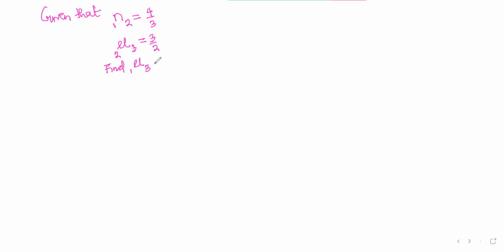Given that the refractive index from 1 to 2 is 4/3. 1 to 2 is absolute refractive index. And then the refractive index from 2 to 3 is 3/2. Find the refractive index from 1 to 3.